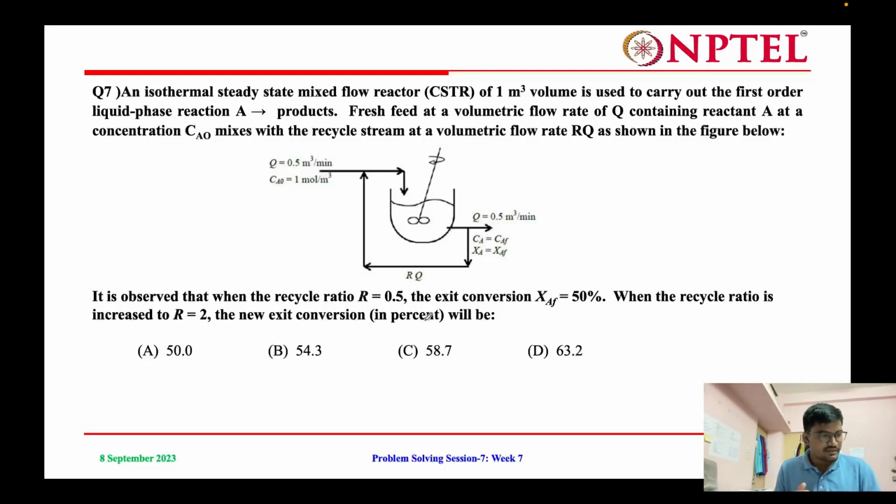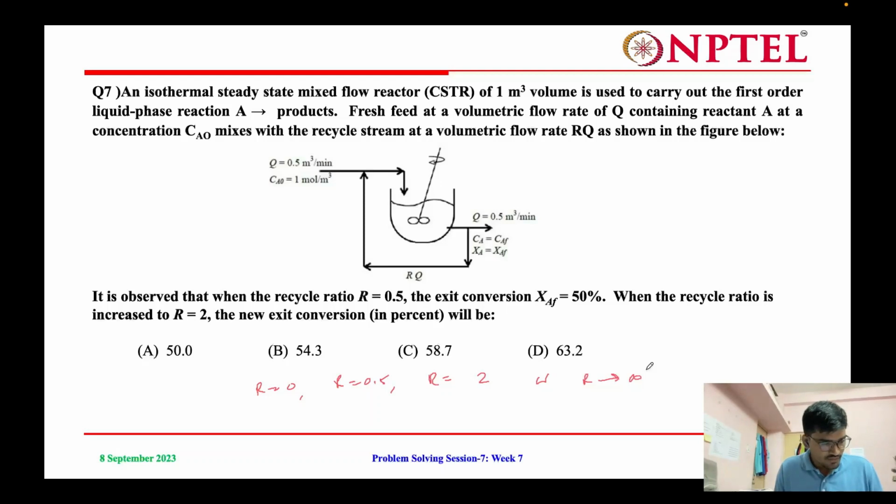A CSTR is assumed to have infinite internal recycling, and the conversion of the reactant in a CSTR is calculated based on this assumption. So any amount of external recycling does not have any effect on the conversion of a CSTR, whether R equal to 0, R equal to 0.5, R equal to 2, or R equal to infinity.